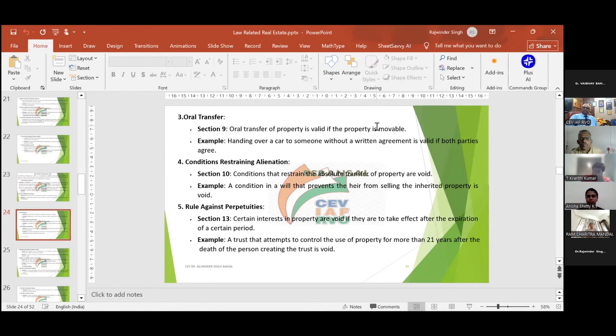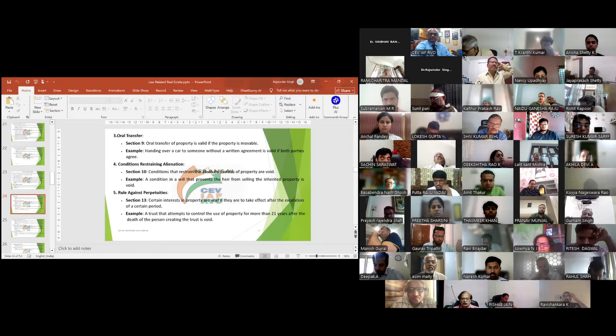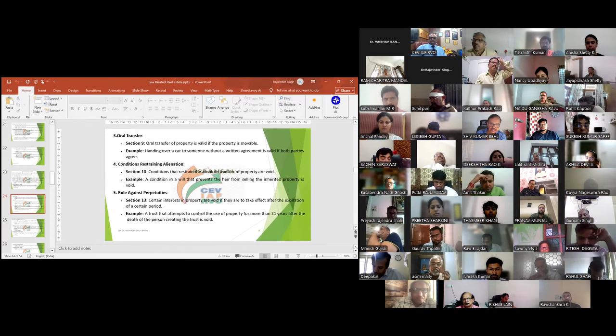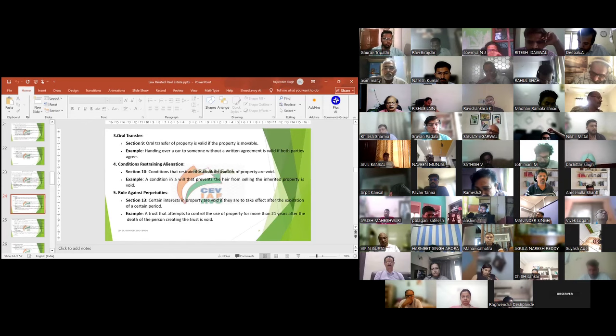Then the rule against perpetuity. Certain interests in the property are void if they are to take effect after the expiration of a certain period. For example, a trust that attempts to control the use of property for more than 21 years after the death of the person creating the trust is void.